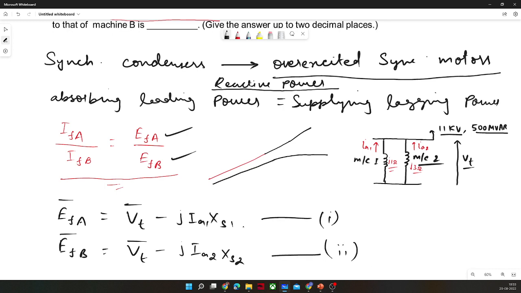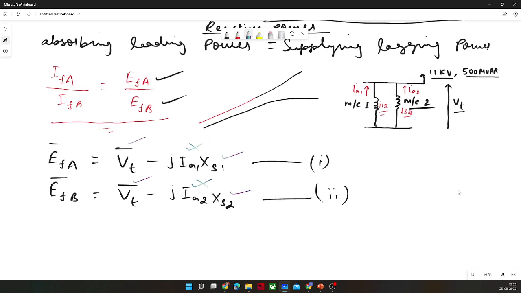Now, Xs1 is given, Xs2 is given, VT is given. IA1 and IA2 are not given, but it is mentioned that both are equal. Now we have to calculate IL. We can calculate IL because these two parameters are given.